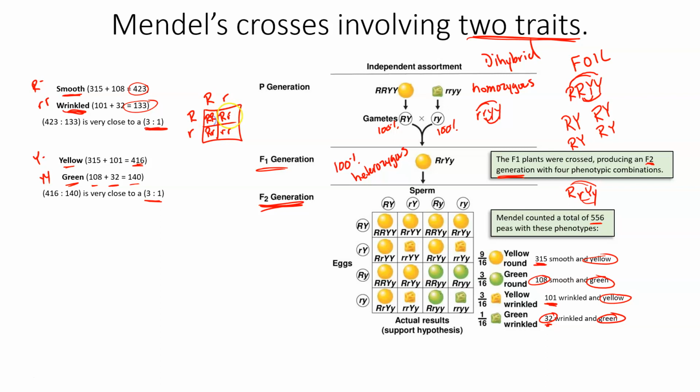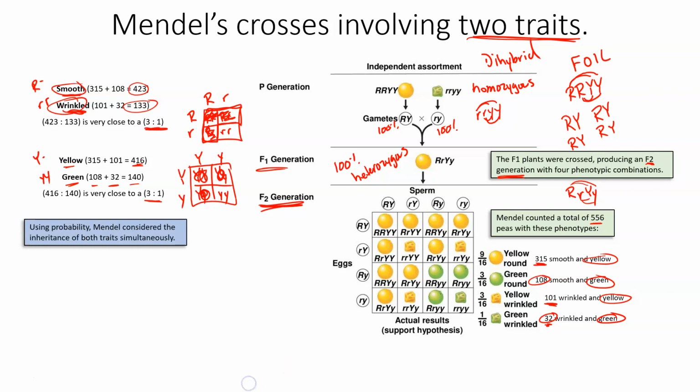That is a 1, 2, 3 to 1 that will exhibit smooth to wrinkled. So 3/4 smooth, 1/4 wrinkled. Same thing over here. If I put the individual monohybrid cross together, big, little, you get big, big, big, little, little. Again, 1, 2, 3 to 1. That gives you a 3-to-1 ratio.